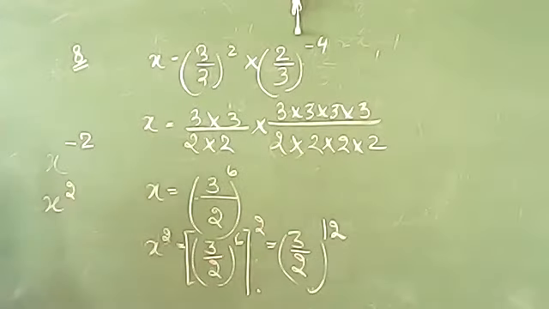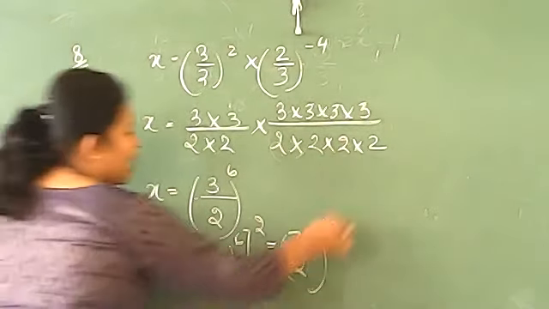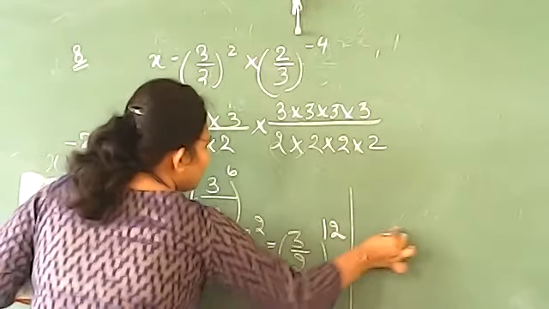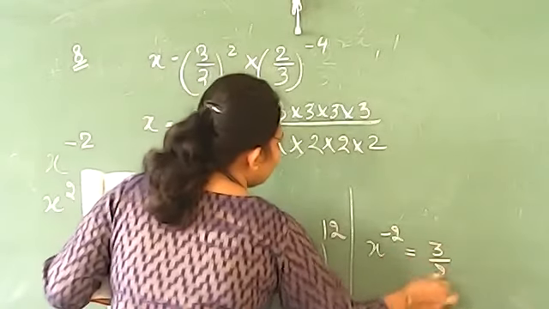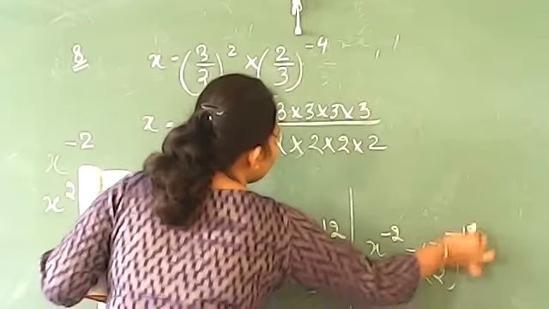Now we have got the value of x to the power 2. Now we want the value of x to the power -2, so this becomes negative: 3 by 2 to the power -12.